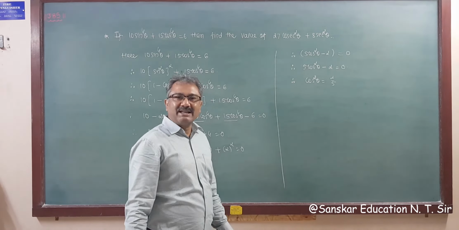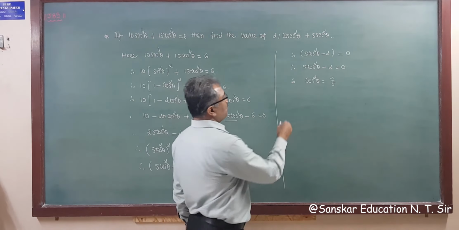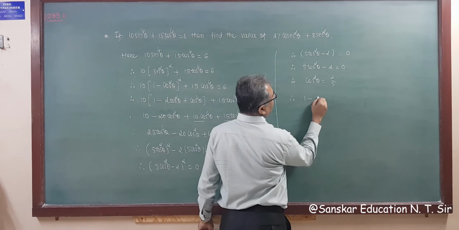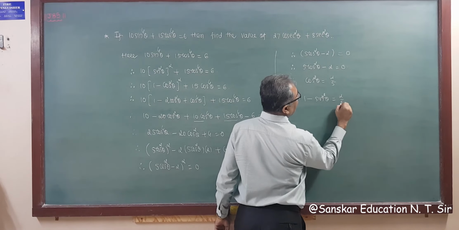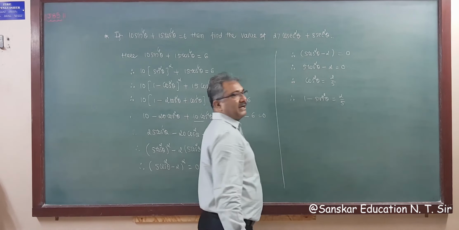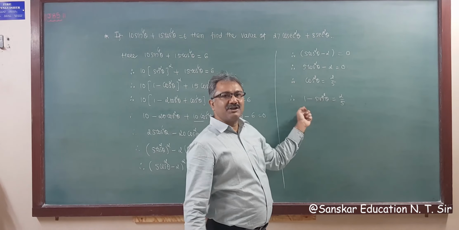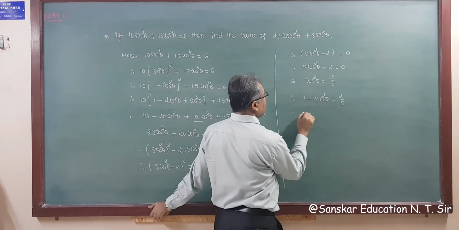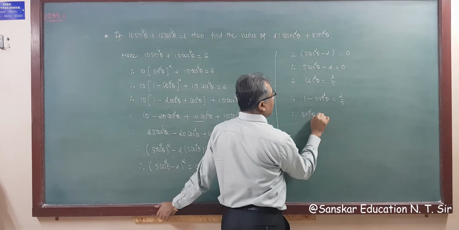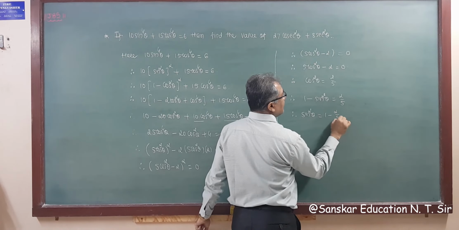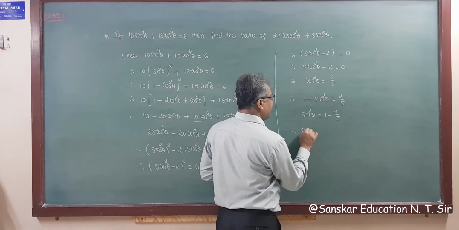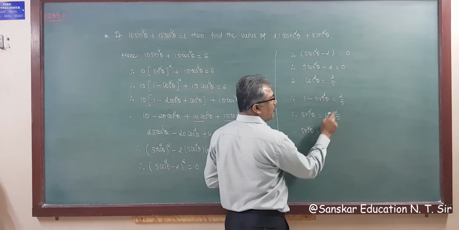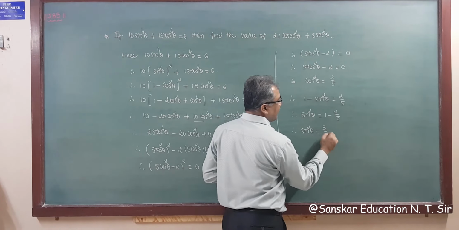Now cos square theta is 1 minus sin square theta, so 1 minus sin square theta is equal to 2 by 5. Now sin square theta is 1 minus 2 by 5. Taking LCM, sin square theta is equal to 5 minus 2, that is 3 by 5.